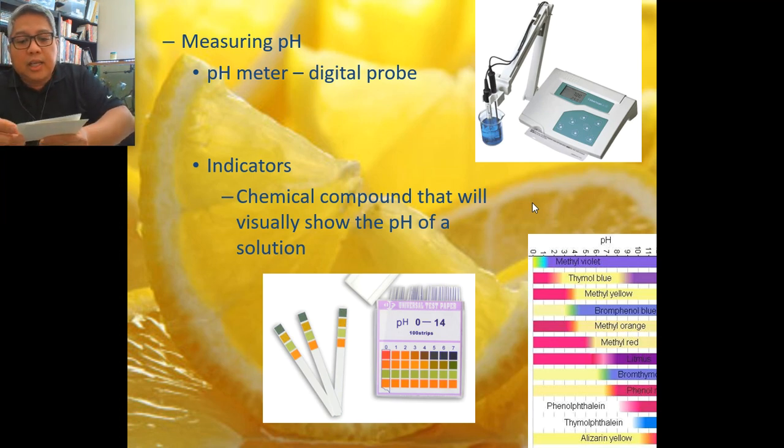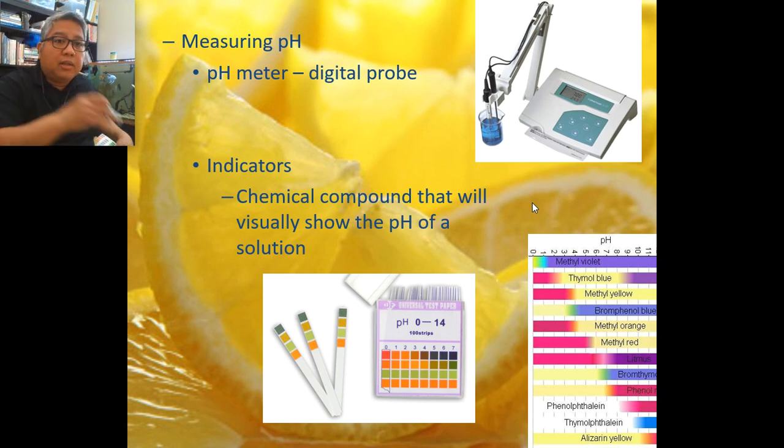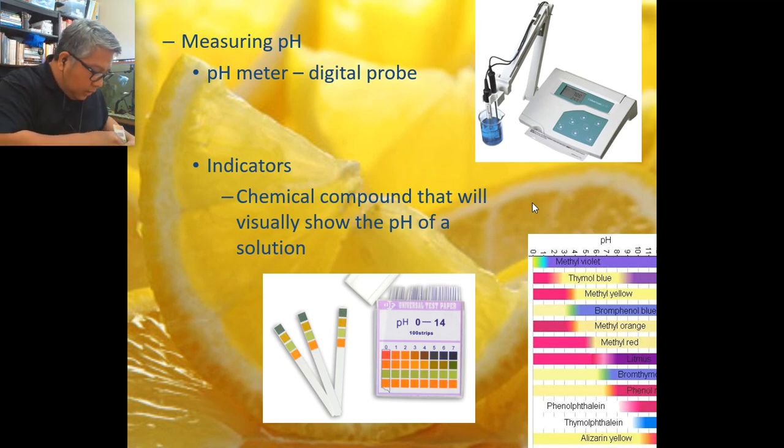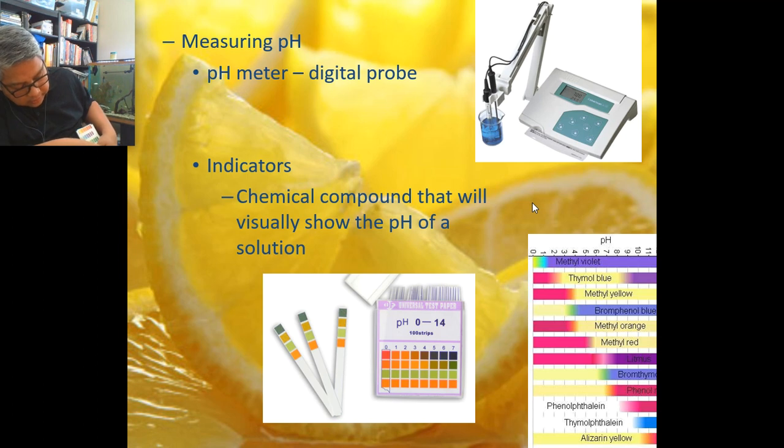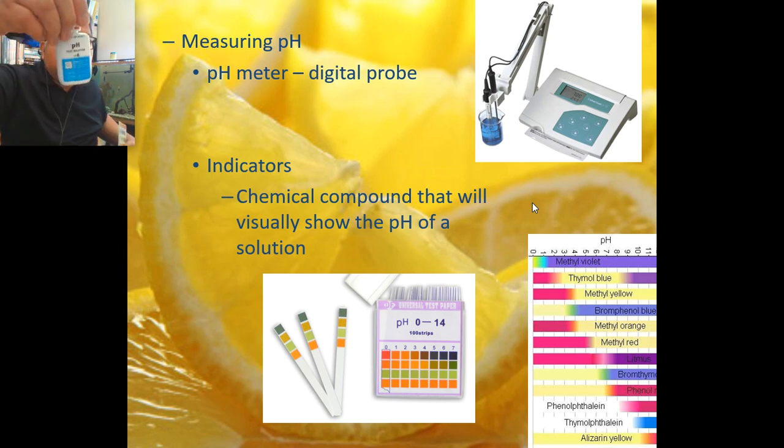This is a freshwater master test kit. Basically, I collect some water samples from my aquarium and mix them with a certain chemical. In this case, this one is the pH test solution.